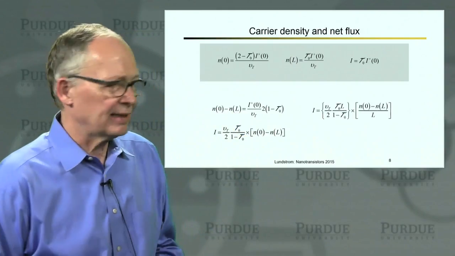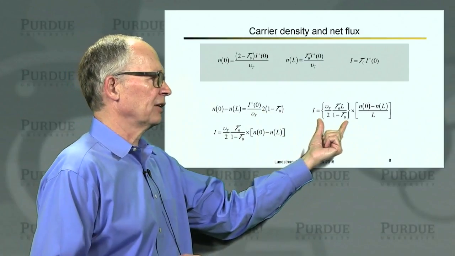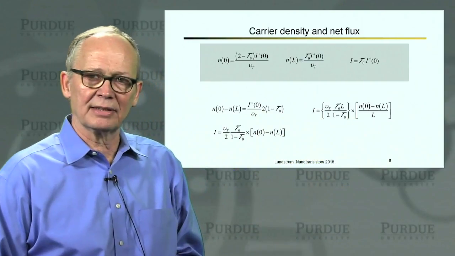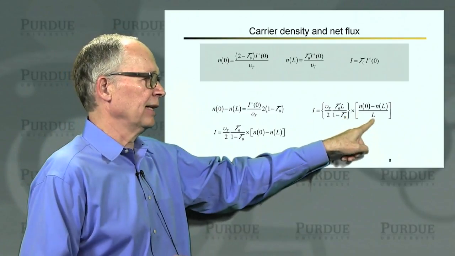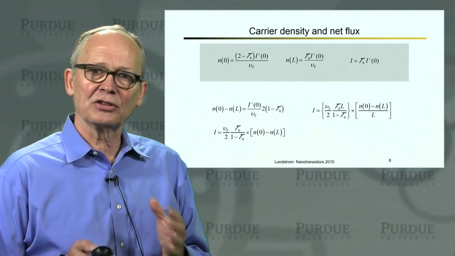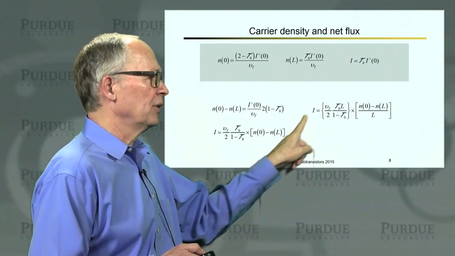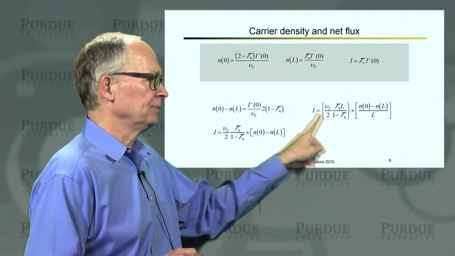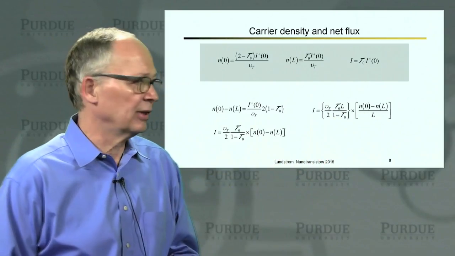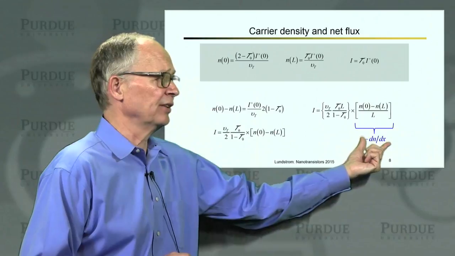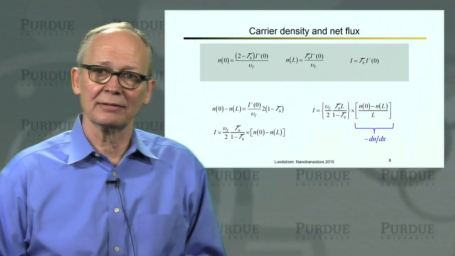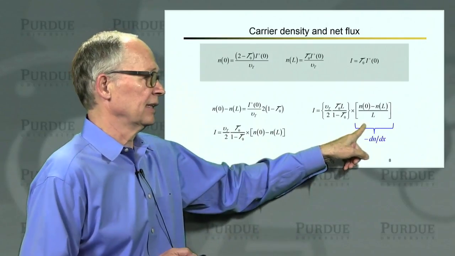Okay, now let me look at that. Let me lump these terms together out front. Let me lump the difference in carrier densities together. Let me divide by the length of the slab, and let me multiply by the length of the slab. And then let's look at what we have. We have a relation that relates the net current to the densities within the slab and some factors out front. The second factor there you can see is just minus the gradient of the electron density, because things are linear there.